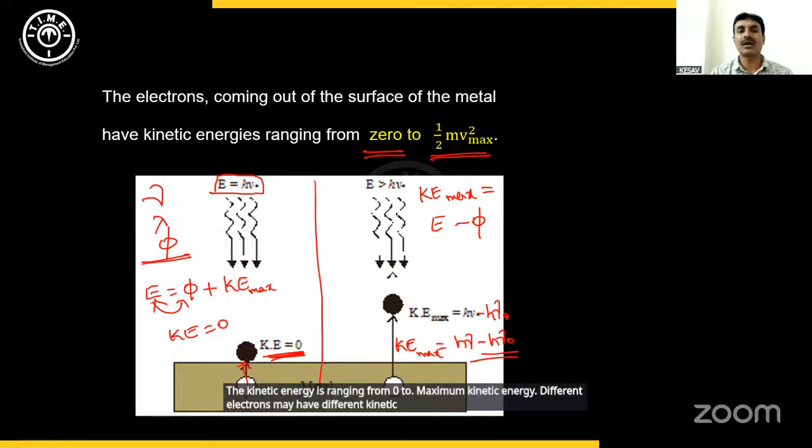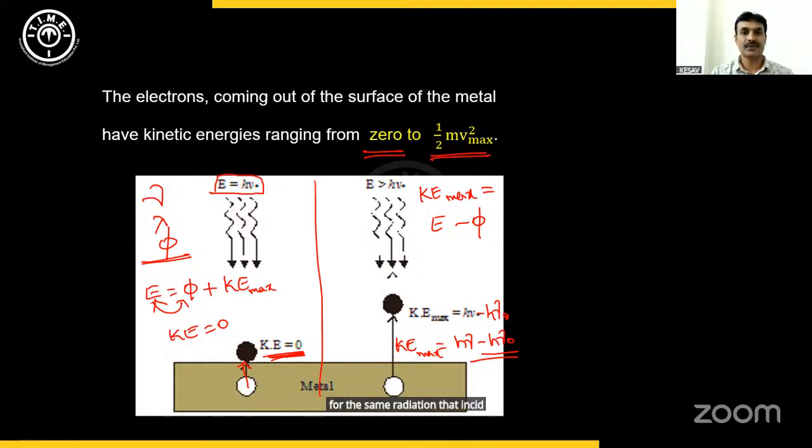It is not that all electrons will have the same kinetic energy released from the same material for the same incident radiation. That's why it ranges from 0 to its maximum possible value, half m v max square, where v max is the maximum velocity. Sometimes you may be asked about the maximum velocity also in your questions.